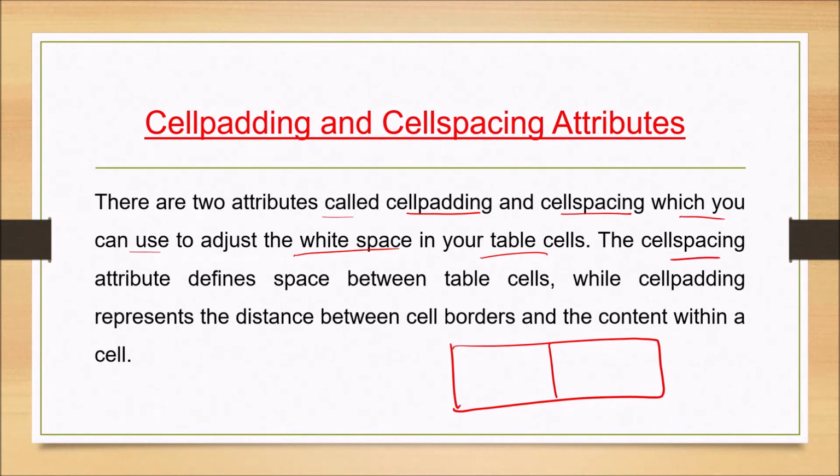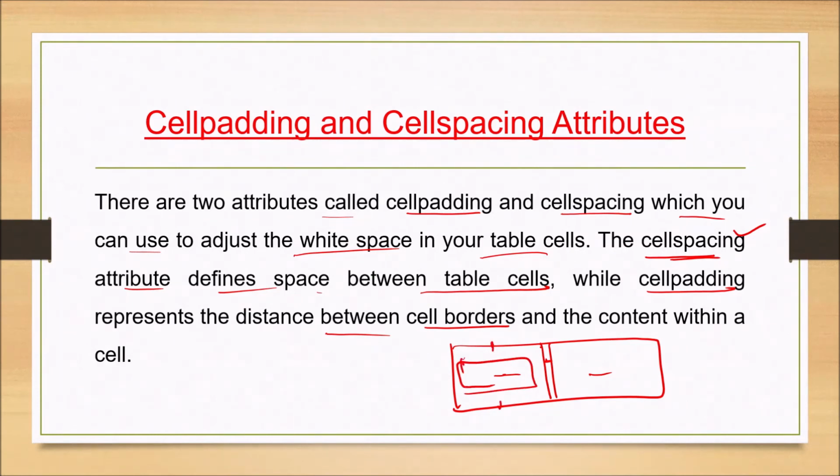The cell spacing attribute defines space between table cells. So it will define space between these two cells. This is the space which is specified by cell spacing, and cell padding represents the distance between cell borders and the content within the cell.